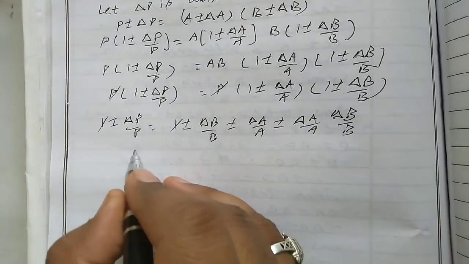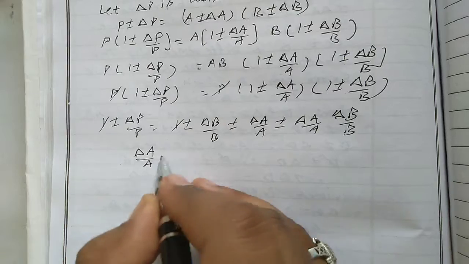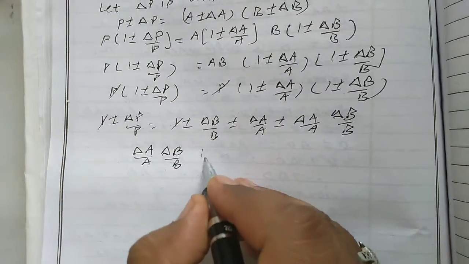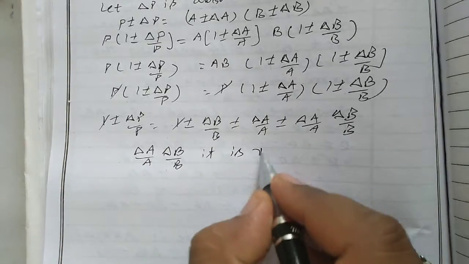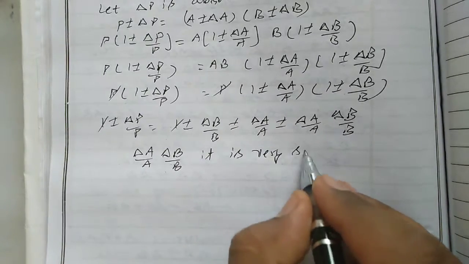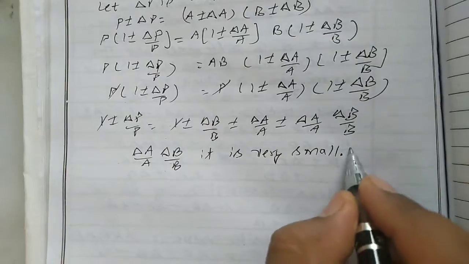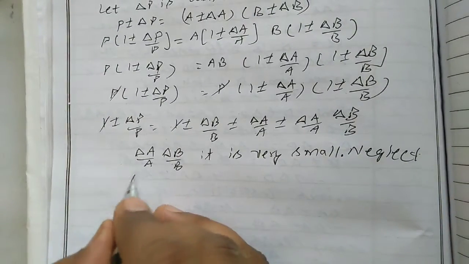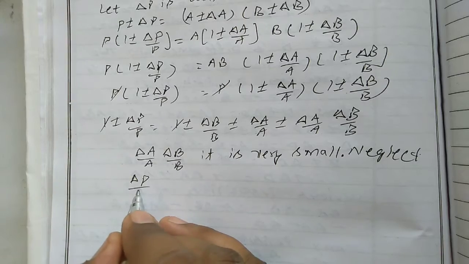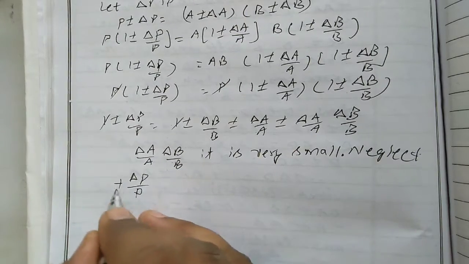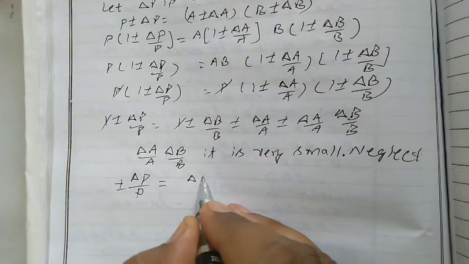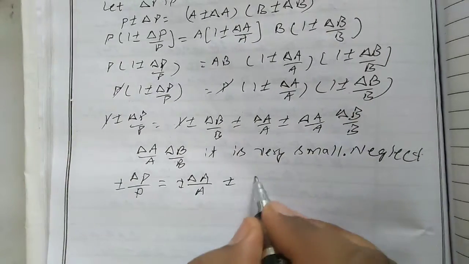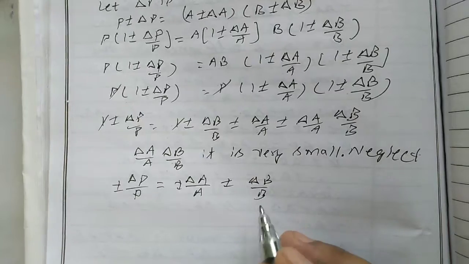Therefore we have delta a upon a, delta b upon b. This term, delta a upon a into delta b upon b, is very small, so it will be neglected. Now we can write plus minus delta p upon p equals plus minus delta a upon a plus minus delta b upon b.